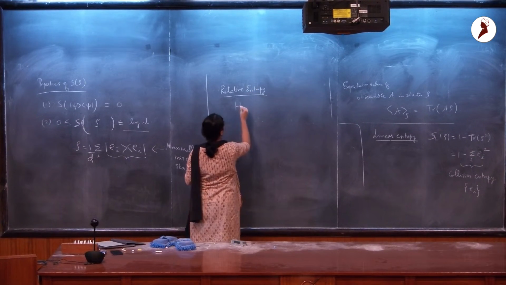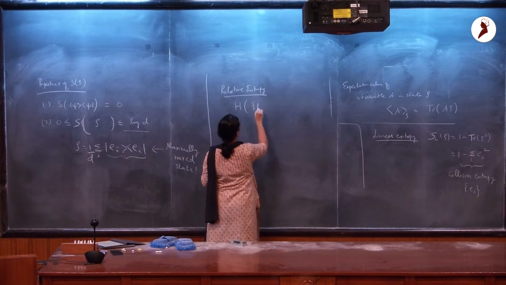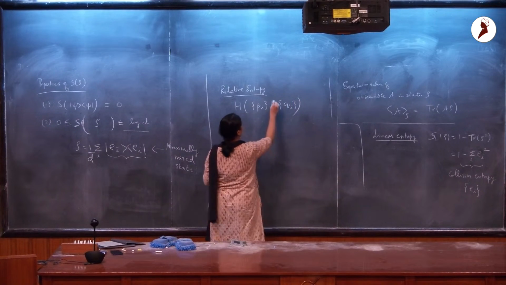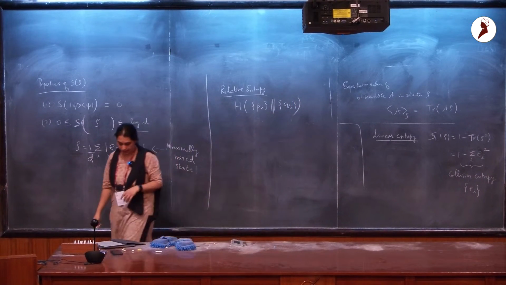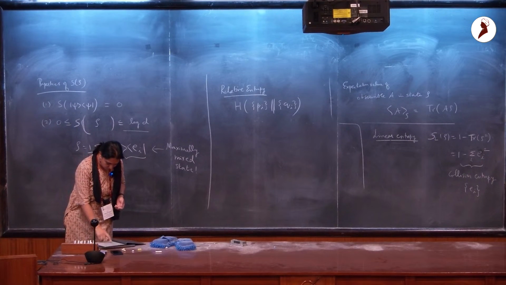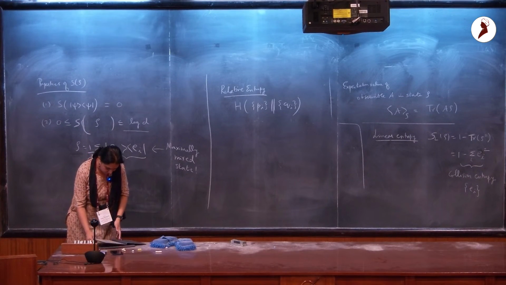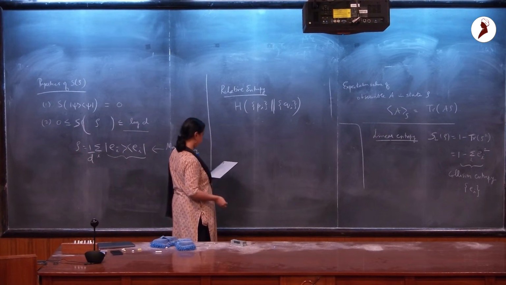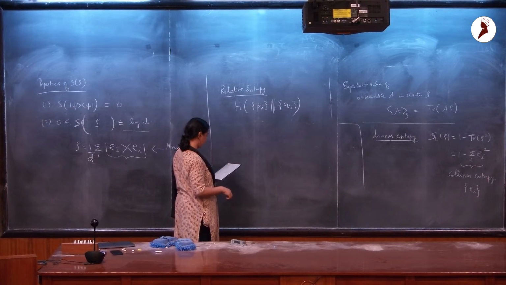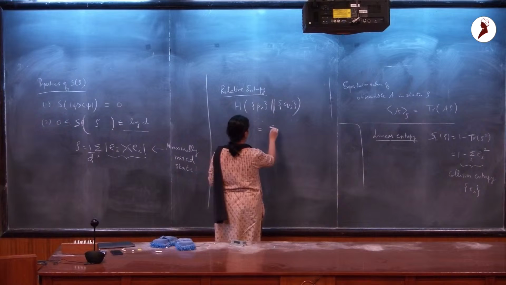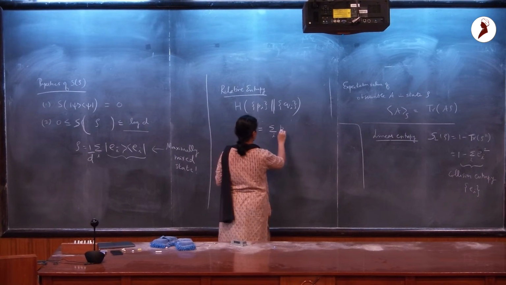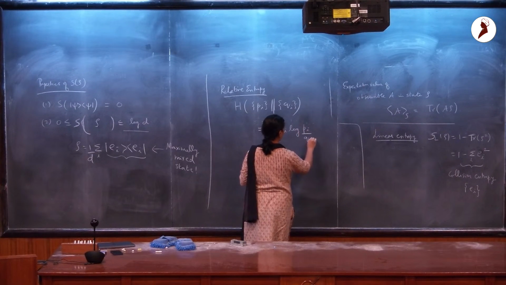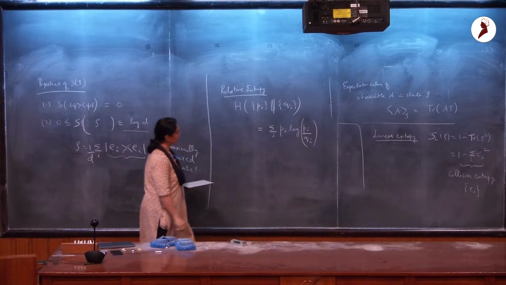So in the classical case, you consider two probability distributions, Pi and Qi. It's written with a pair of lines in between to say that this gives you some notion of distance between probability distributions. Let me write down a definition, and then we'll extend the same thing to the quantum case. This is defined as the sum over i of Pi log Pi minus Pi log Qi. I'm just simply going to write it like this, okay?